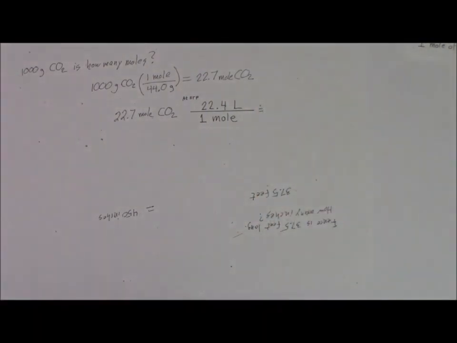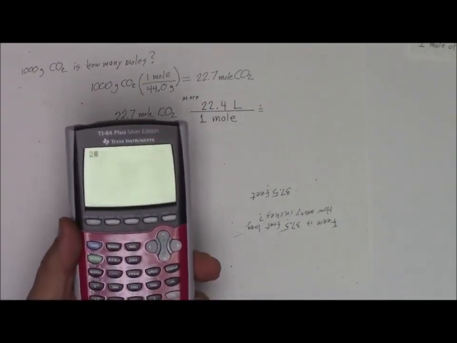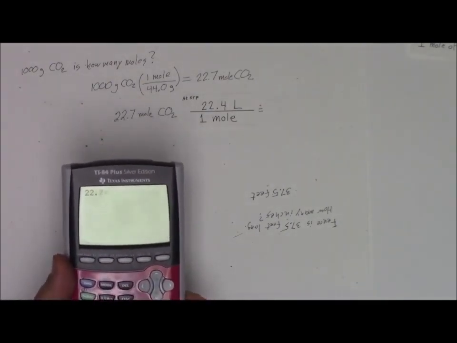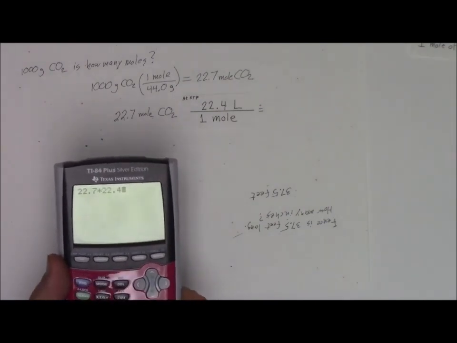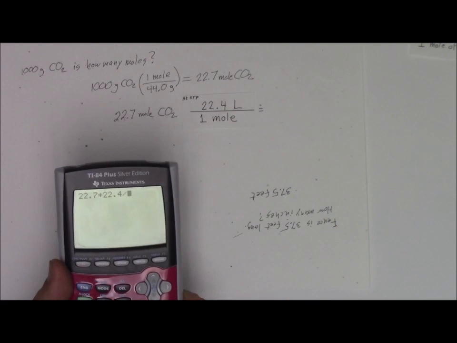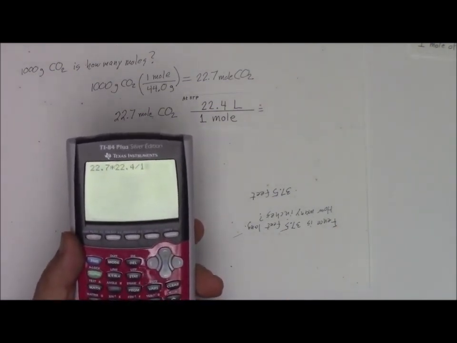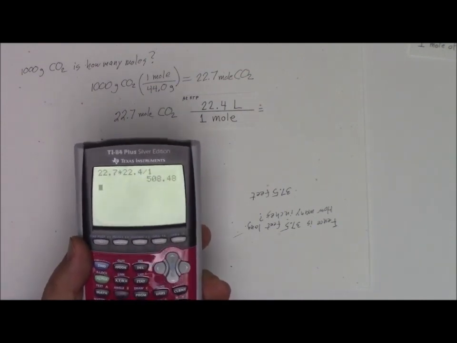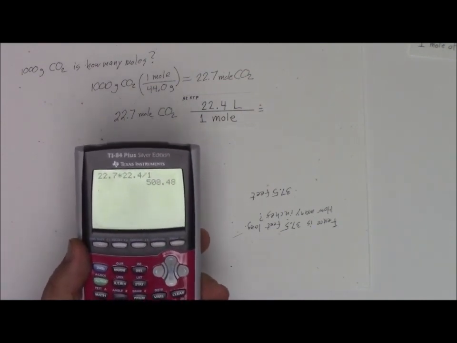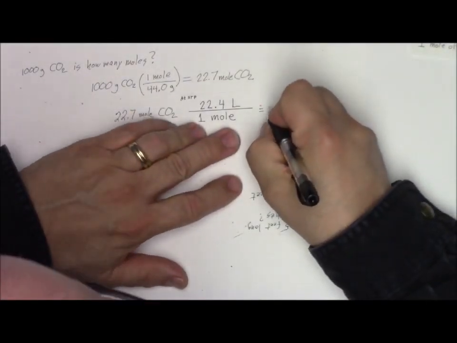I've got the feeling it's going to be a lot of volume. 22.7 moles times 22.4 liters divided by 1 mole. Again, you don't need to divide by the 1, but I'm doing it for completion. That gives me 508 liters, rounded to 3 sig figs.